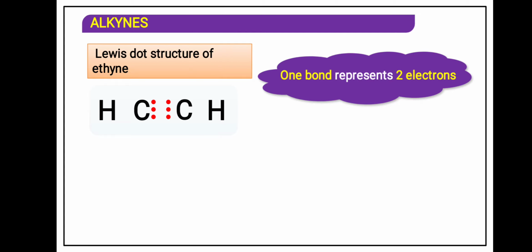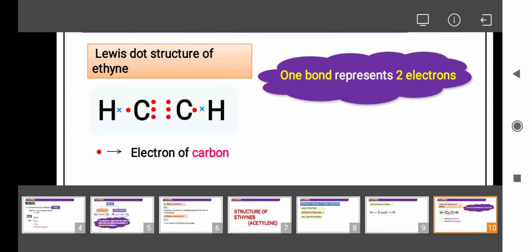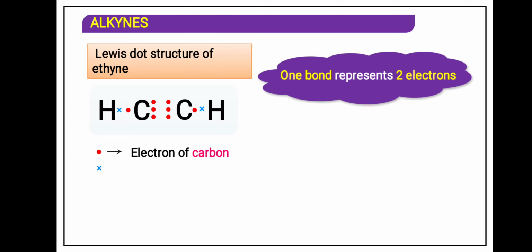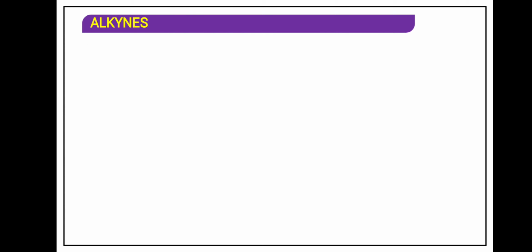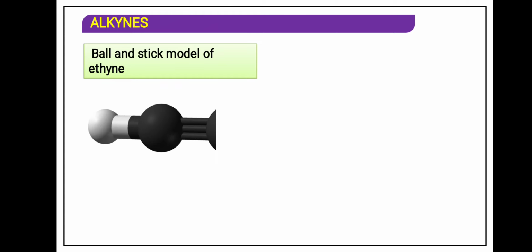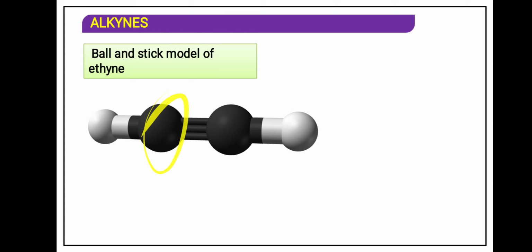See, 1 bond, 2 bond, 3 bond, and here also there will be electrons. This cross is the electron of hydrogen, and this red one is the electron of carbon. Ball and stick model: this black one indicates carbon, this one indicates hydrogen.